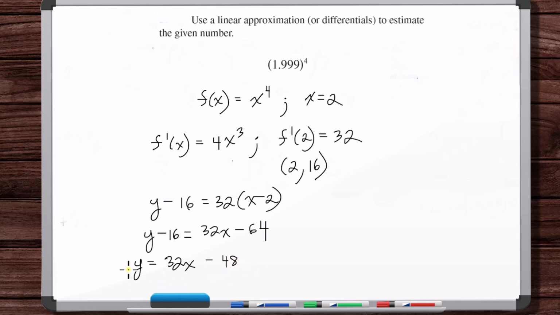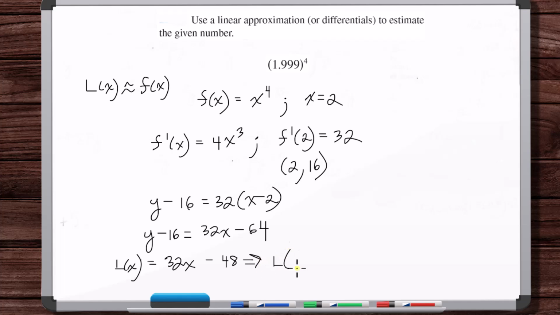That's L of x. That's the equation for the tangent line to x to the 4th power at x is equal to 2. And remember what this means. We can effectively replace this function by this. We're saying that L of x is approximately equal to f of x as long as we're near x is equal to 2. Well, we're close to x is equal to 2.